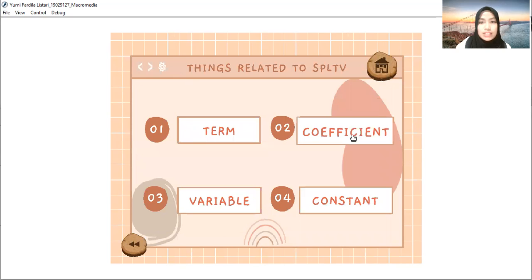This is related to the system of linear equations of three variables. There are term, coefficient, variable, and constant. The first, term: the student can click this button to see the definition of term and an example of term.